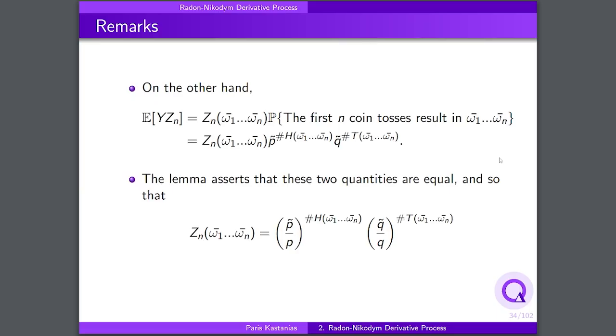This lemma asserts that these two quantities are equal, and so Zn of omega bar is equal to this result here. Okay, so it's the ratio of the risk-neutral probability divided by the actual probability to the power of the number of heads, and the same for the tails. Okay.